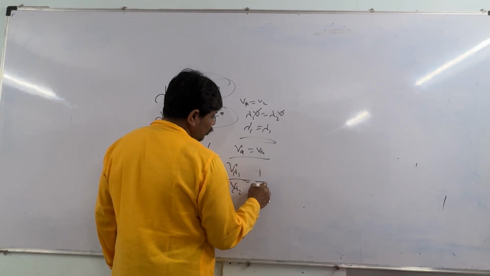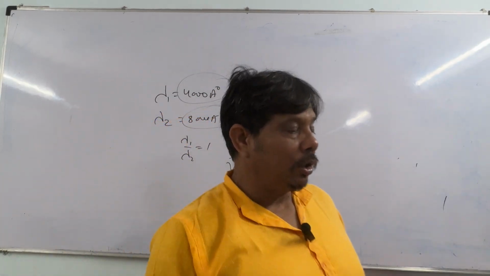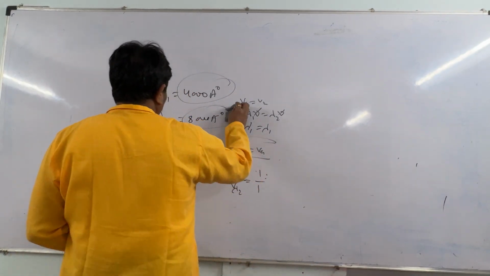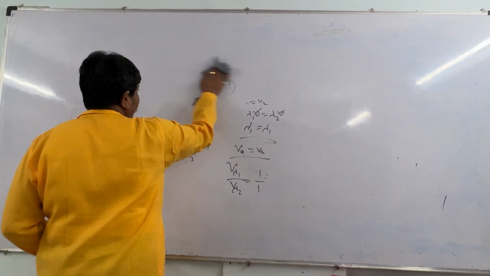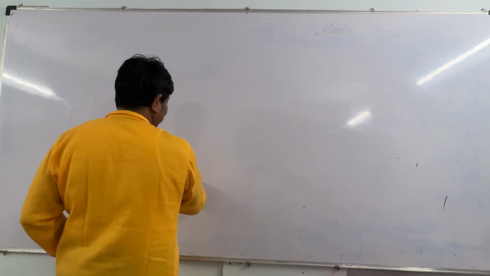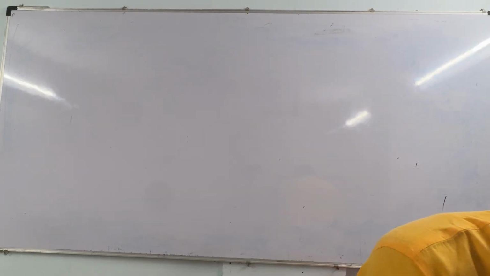That is called 1:1. So when light travels in air, the velocity is the same, and when we take the ratio, we get the answer 1:1. Next question.